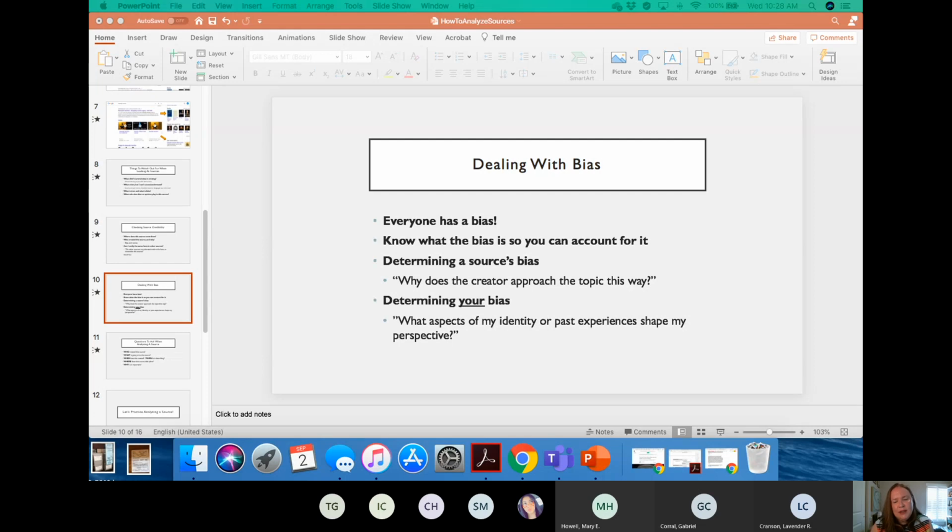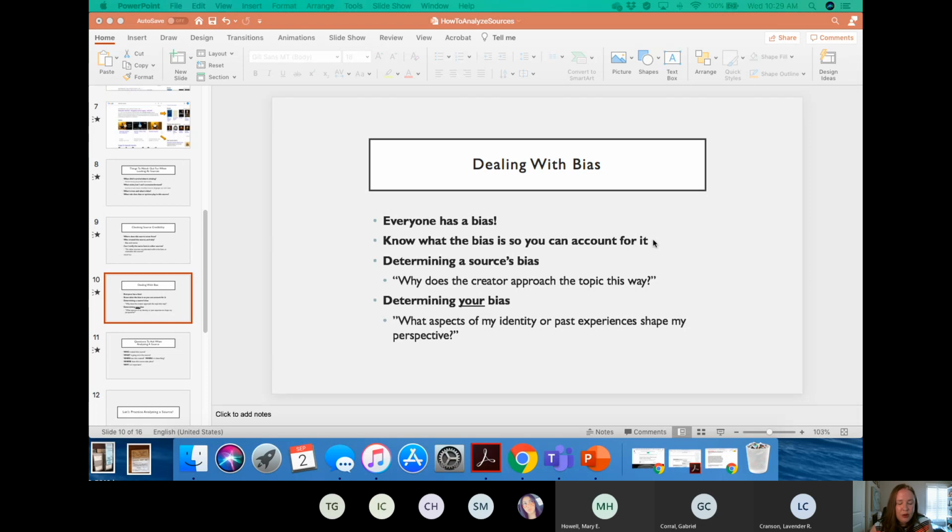And with biases, it's impossible to get rid of them, but the important thing is knowing what your bias is, right? Why do you have a bias? What is your bias? That way you can account for it or compensate for it.